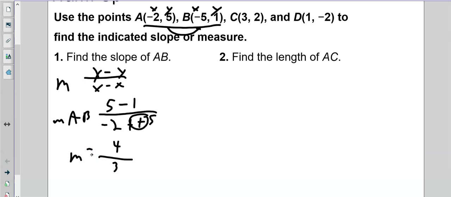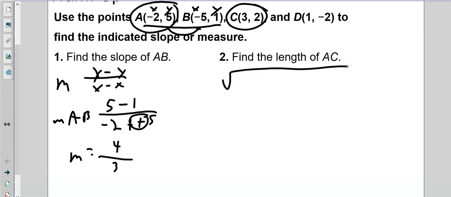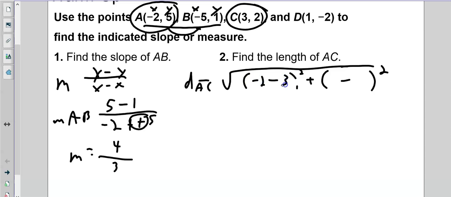Find the length of AC. So for length, we're going to be using A and C here. So the distance formula, remember, is a big old square root. Remember, I like to do this ahead of time. Okay, and then fill in the numbers. So the length of AC is going to be negative 2 minus 3.